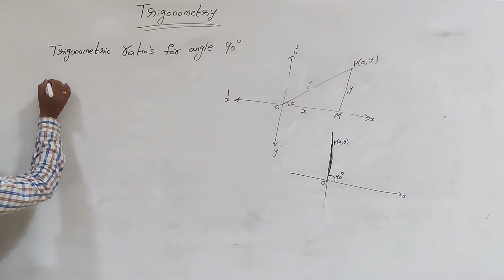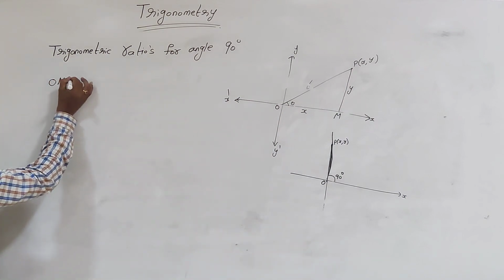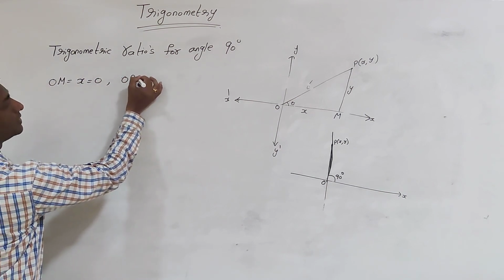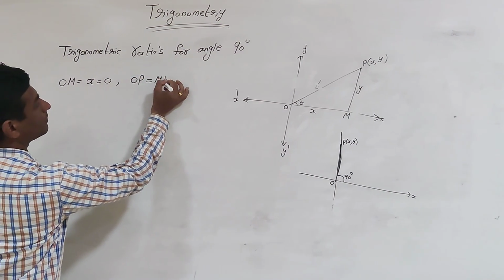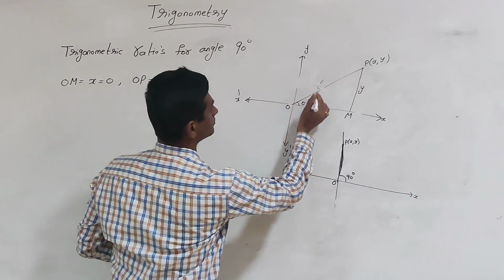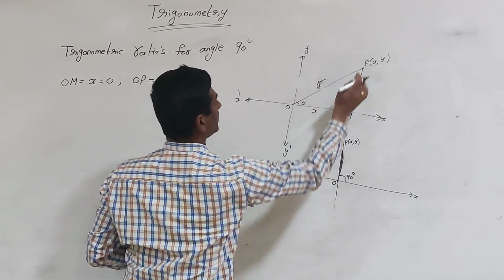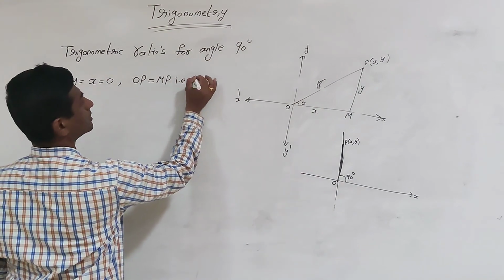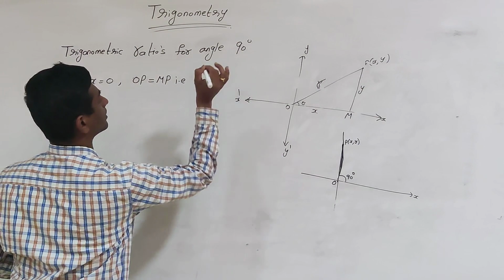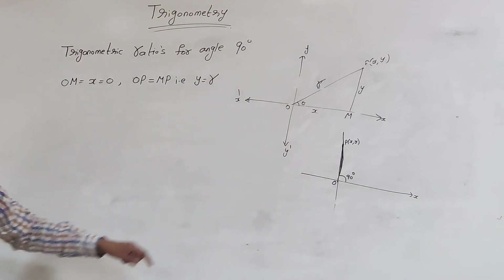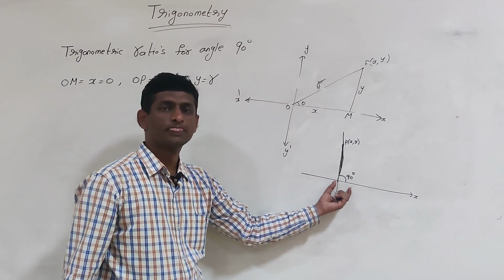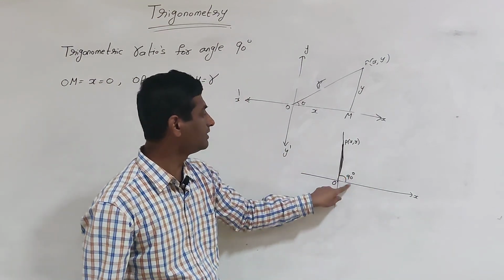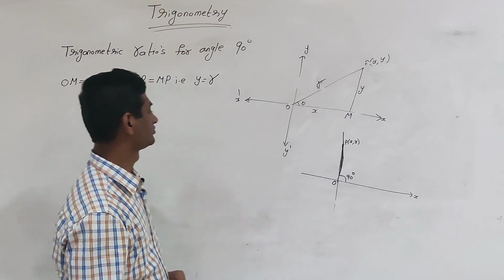Now in this case, OM, that is x, is equal to 0, and OP and PM are same, that is y is equal to r. So this is our initial ray and this is our terminal ray, and the angle between them is 90 degrees.